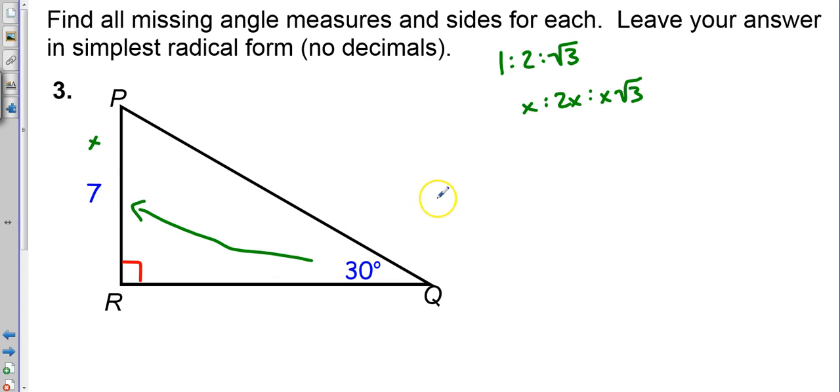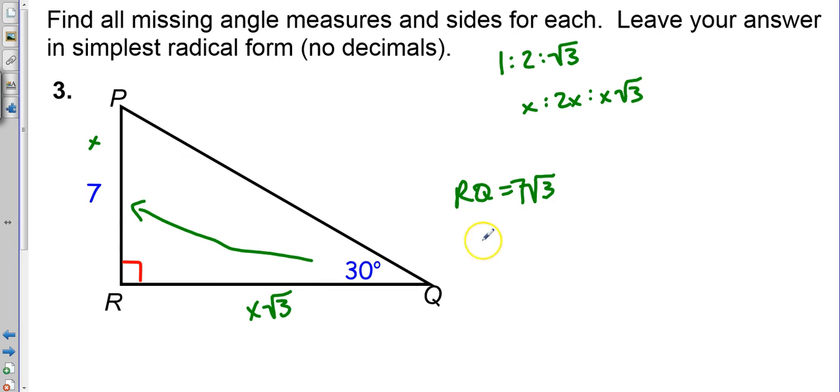So I take this measure, and if I want to find RQ, I know that RQ is going to be x root 3, and in this case, x is 7. So RQ is equal to 7 root 3.